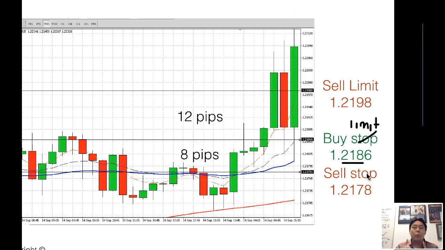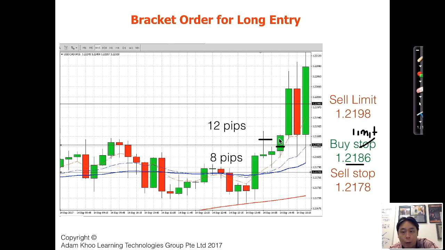Let me repeat, I would only use a buy limit order of 2186 if the price has moved above 2186. So it's gone to 2187, 2189 or 2190. A buy limit means you buy lower than the current market price. Sure enough, you can see that if you had done that, the price went up and came back down, it would have filled and then it continued going up.